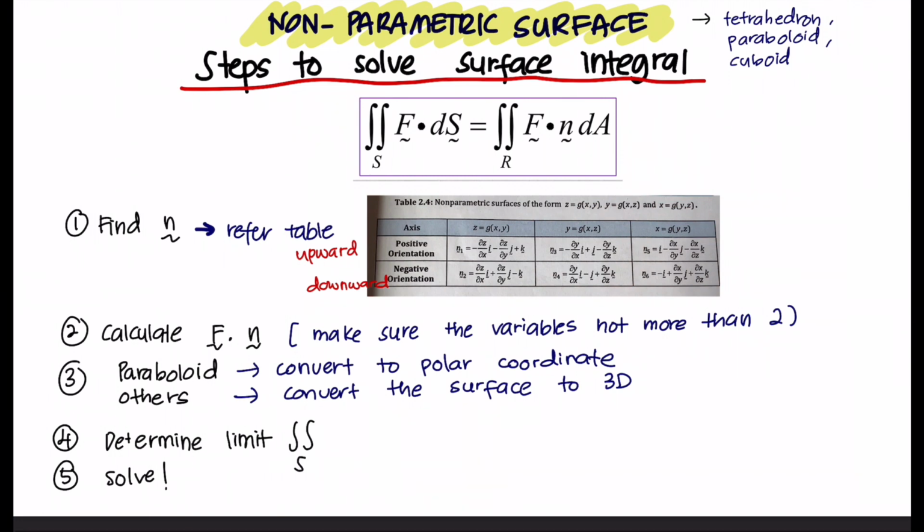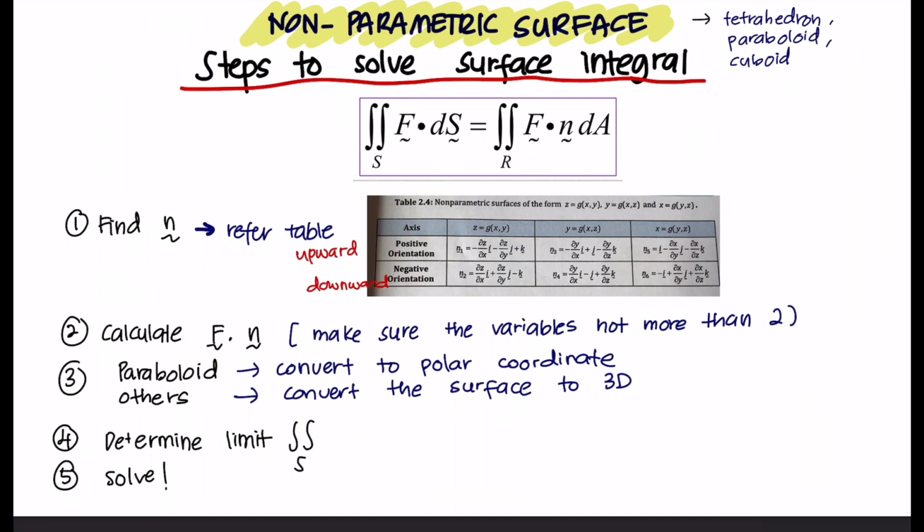If the orientation is positive or upward, you must refer to the first row. But if the orientation is negative or downward, you must refer to this row. Next, calculate f dot n. After you get the unit normal n, calculate the dot product with the vector.